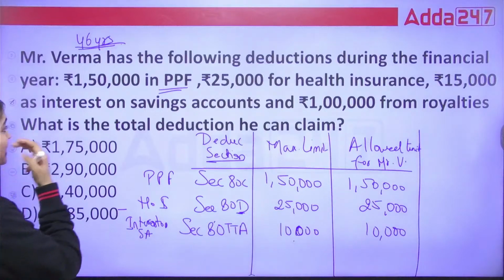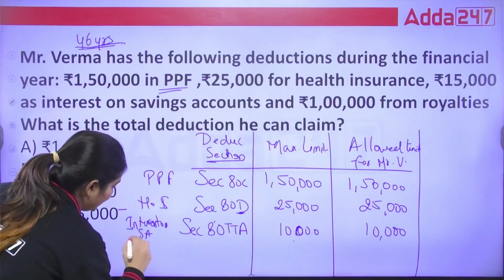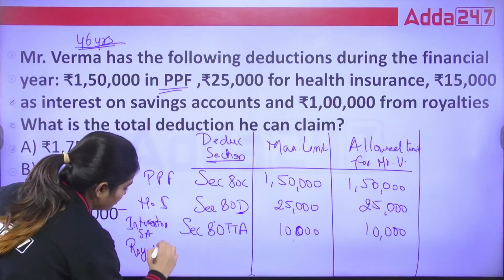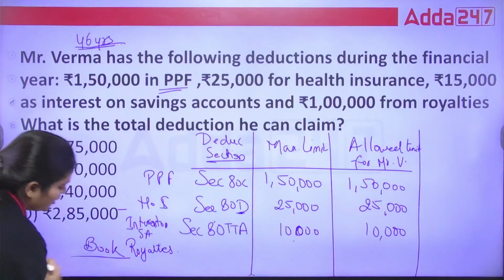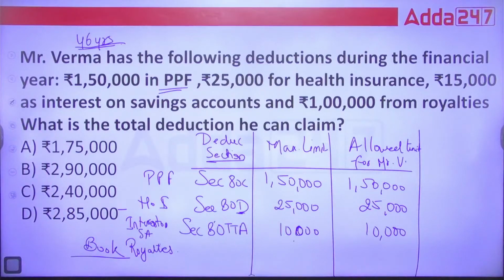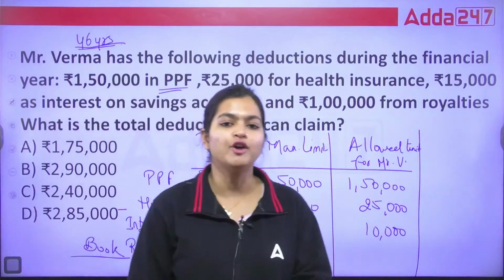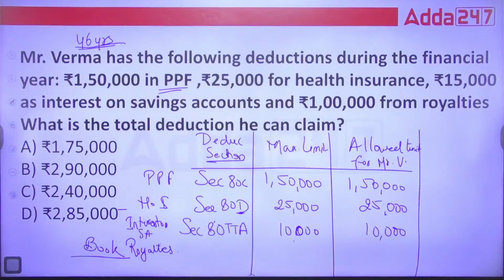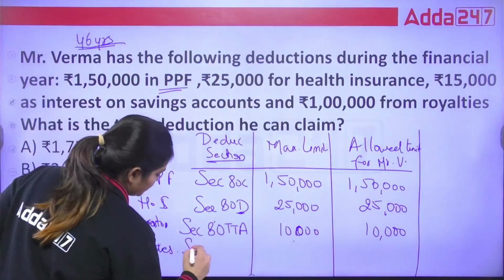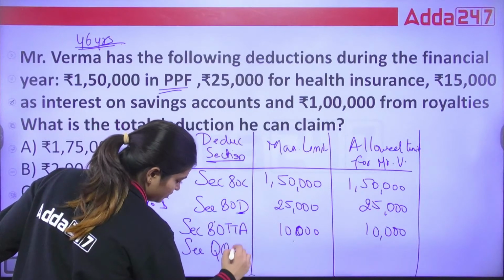Yes. Now, next. 1 lakh from royalties. Suppose these royalties belong to your books. Tell me, which section do we use for royalties if you are an author of some books apart from NCERT books? That section is 80QQB.